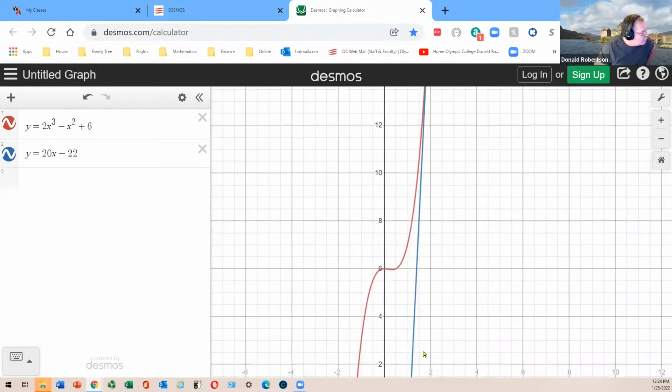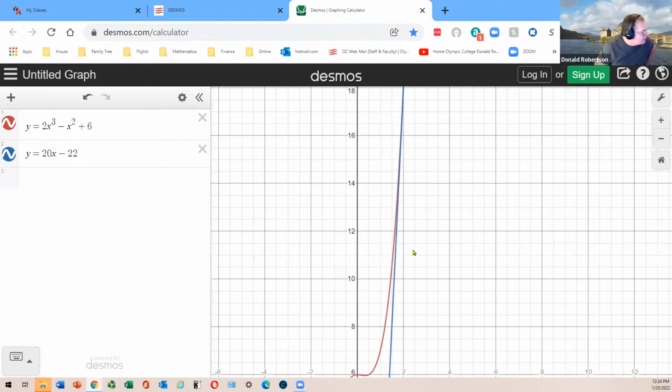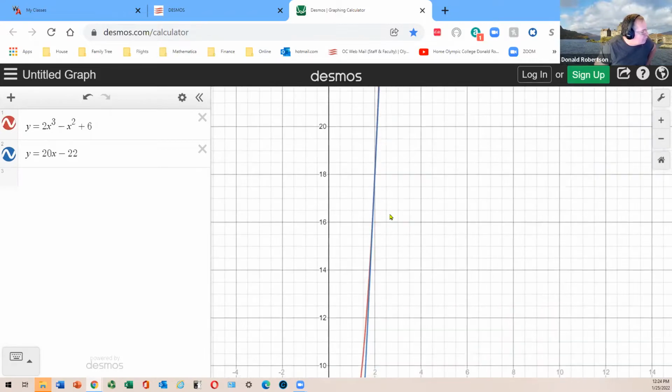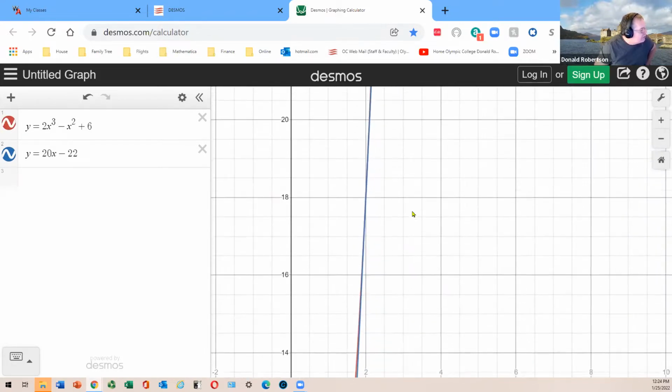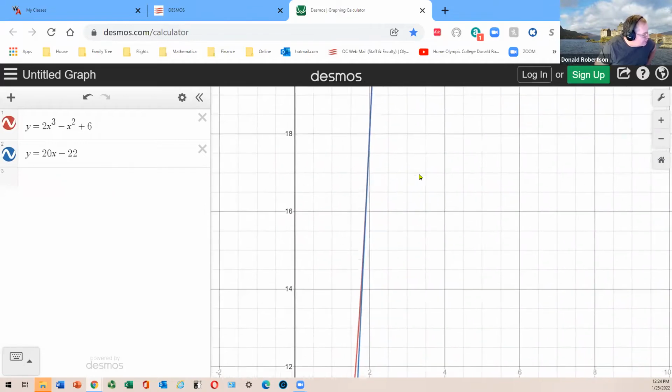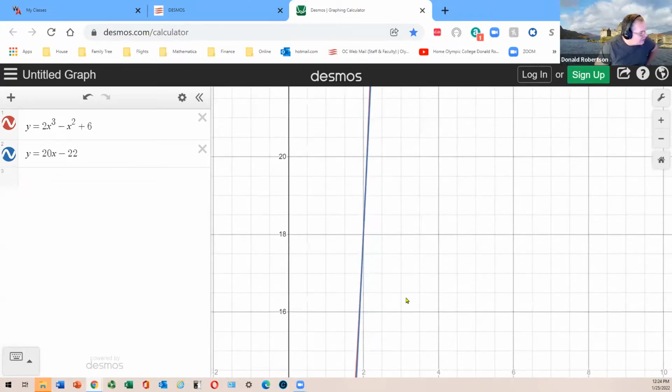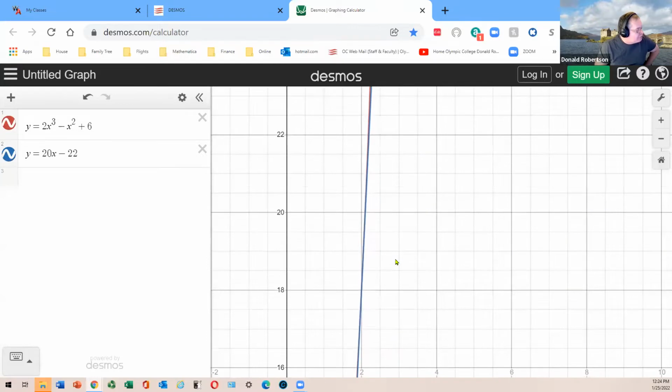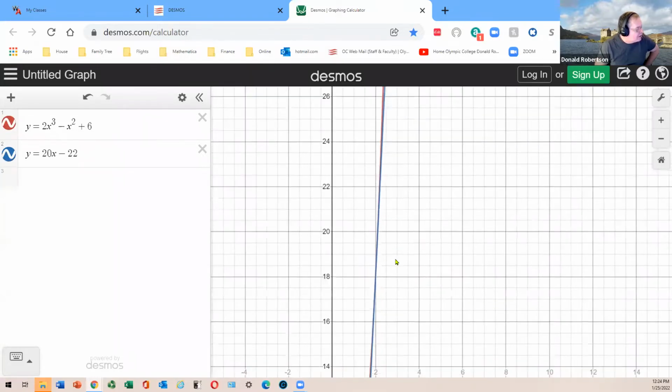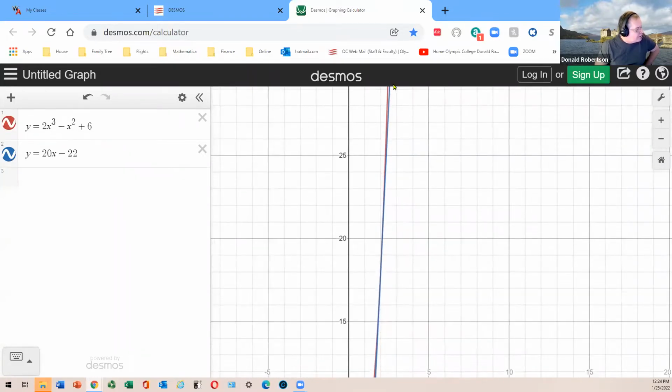So if I go about here, it's a bit hard to tell. If you look at 2, 18, can you see that the curve and the straight line merge? And then if I drift out a little bit, I don't know if I've convinced myself. Can you see the curve and the straight line are tangent? The problem is that the curve is so linear looking, you can't really tell well, right?